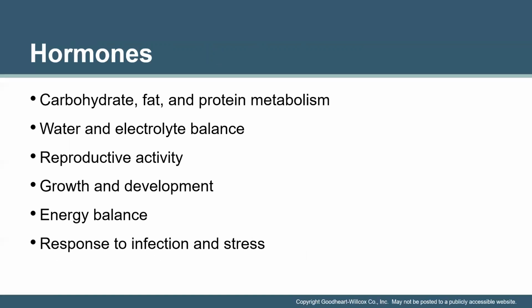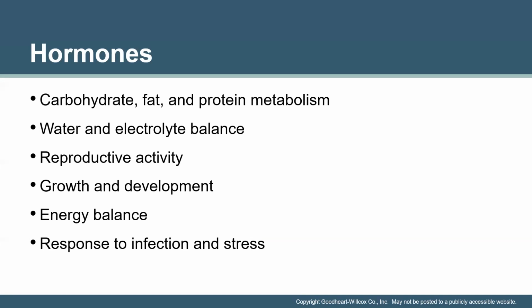Hormones. This is really relevant to understand here, what they're constructed of. So when we're considering hormones, they are constructed by or regulated by the presence of carbohydrates, fat, and protein, or they have an impact on that.